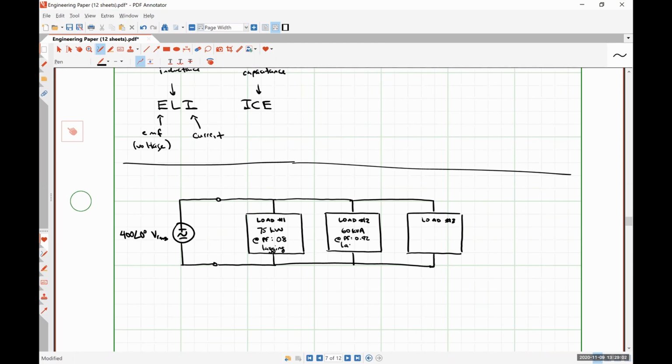0.92 lagging. And let's say that load number 3 draws 50 kVA at a power factor of 0.90 leading. And we want to know, let's figure out a couple of things.